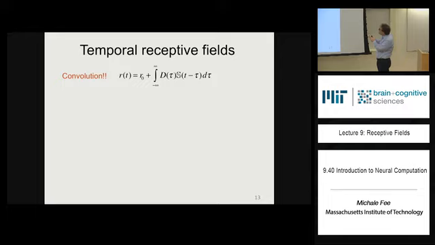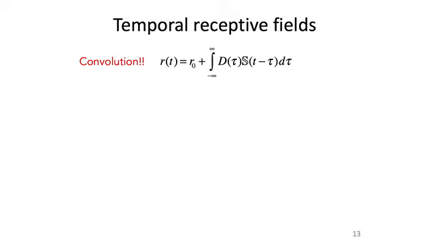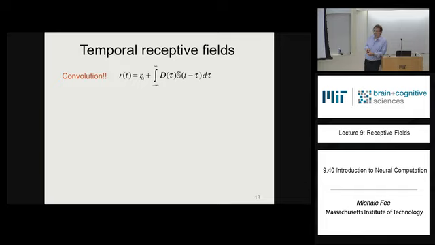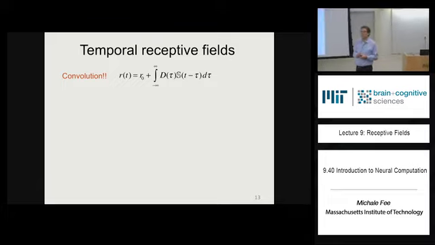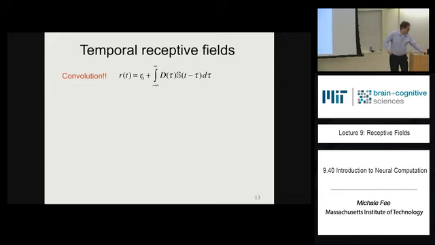We integrate over tau, and that's the output of our temporal receptive field. That's the linear output of our receptive field. And we add that to a spontaneous firing rate, and that gives us a time-dependent firing rate of the neuron.